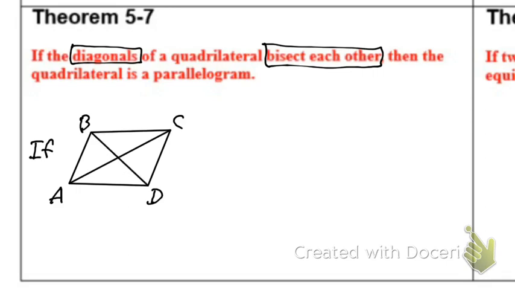Now if you could show that it's bisecting. Remember, bisect means it cuts in half. So let's call this point E in the middle. That means if BE is congruent to ED, and AE is congruent to EC, that means it's bisecting. So if you can show that, then ABCD is a parallelogram.